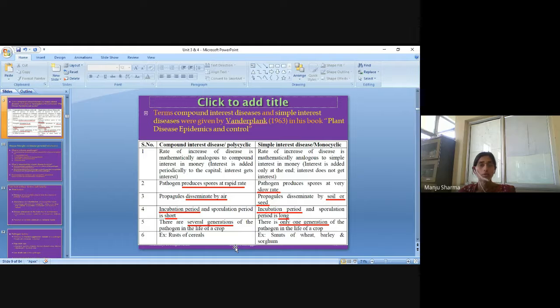Then, in polycyclic the pathogen produces spores at a rapid rate, and in monocyclic the pathogen produces spores at a very slow rate. The propagules are disseminated by air in polycyclic disease, and in monocyclic disease the propagules are disseminated by soil or seed.